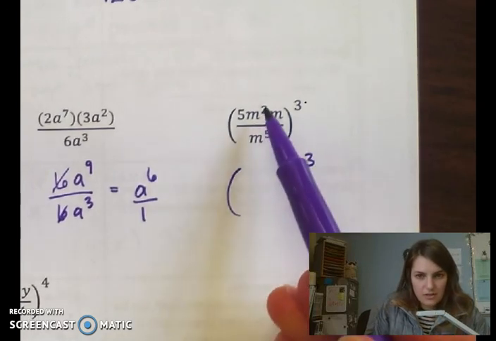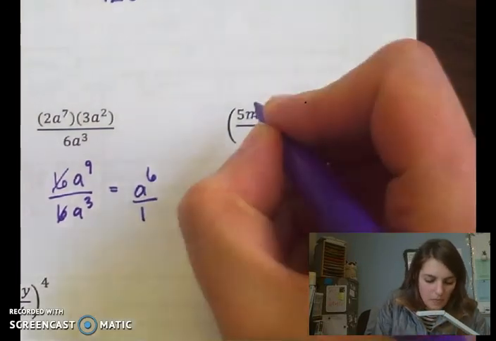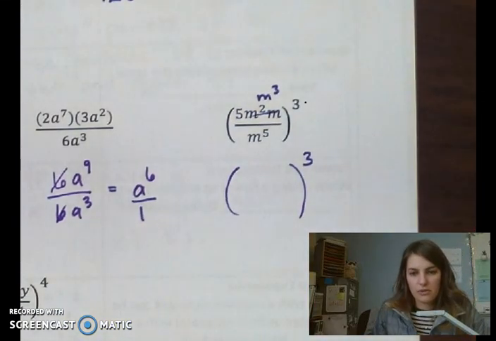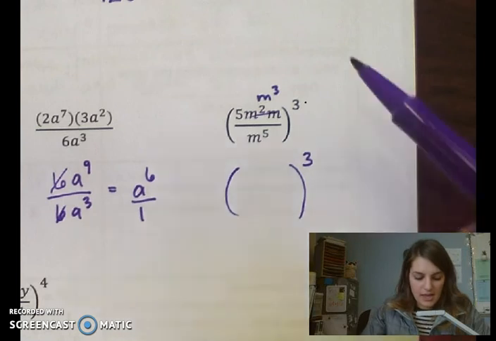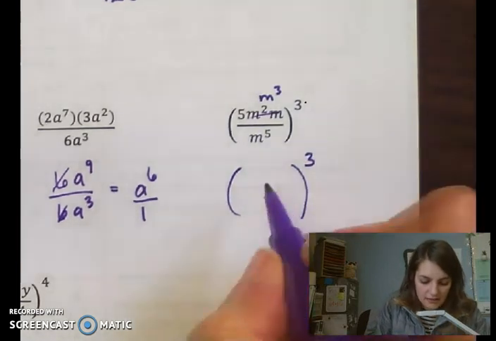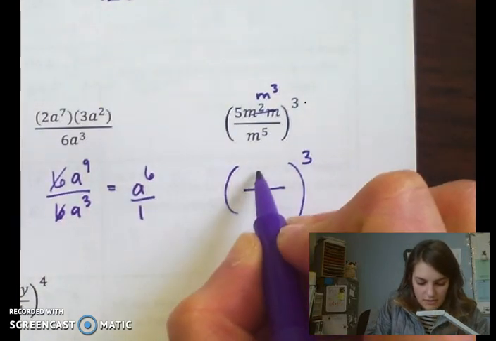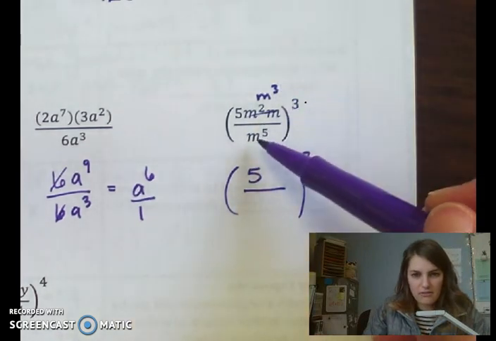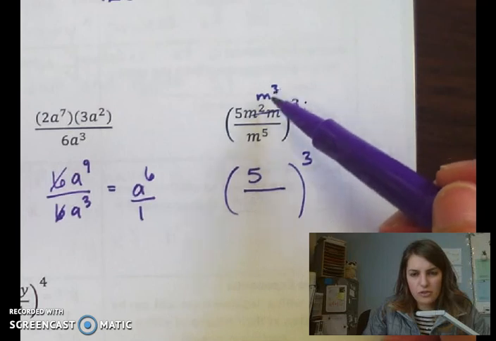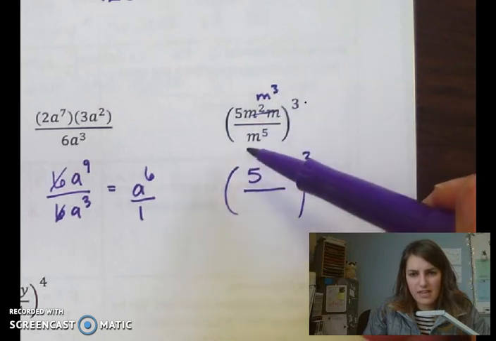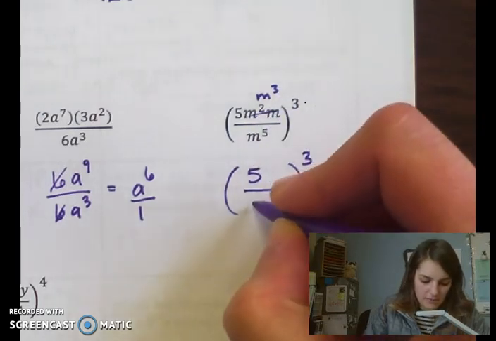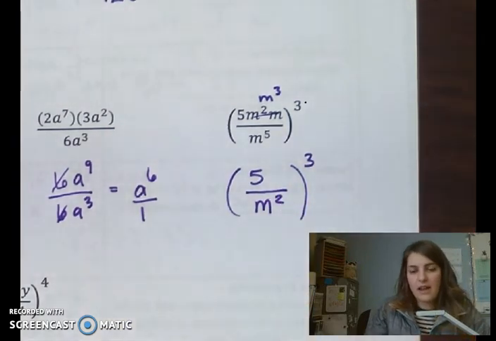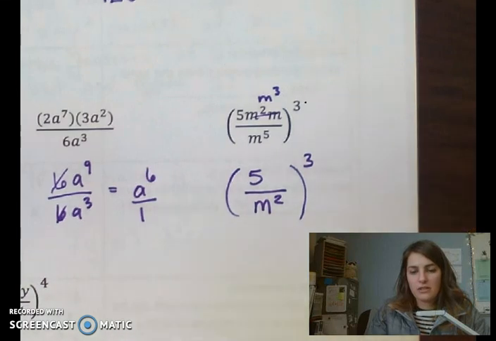So m squared times m, that's m cubed. I have 2 and then 1 more. And then I have my 5 in the top. And then I have m cubed over m to the 5th, which means I have 2 powers of m left after they cancel, but they are left in the bottom, so I'm just going to put them in the bottom of the fraction. And now it's time to cube the top and cube the bottom.